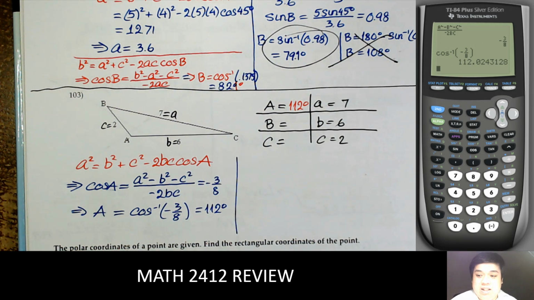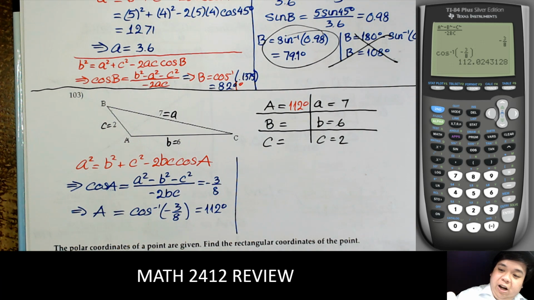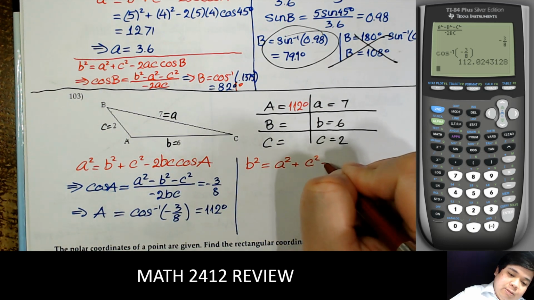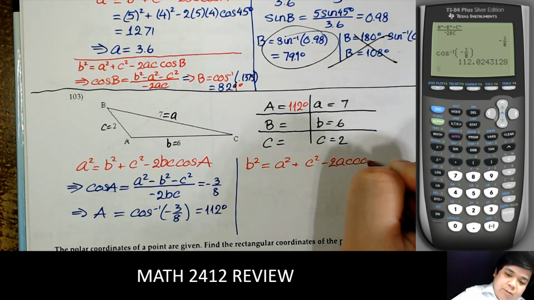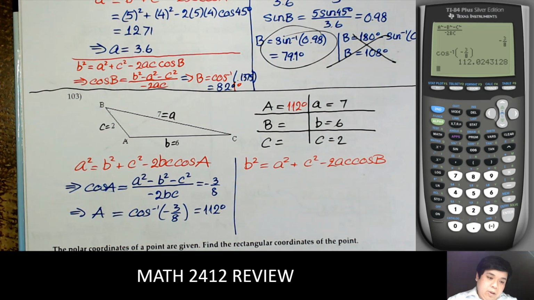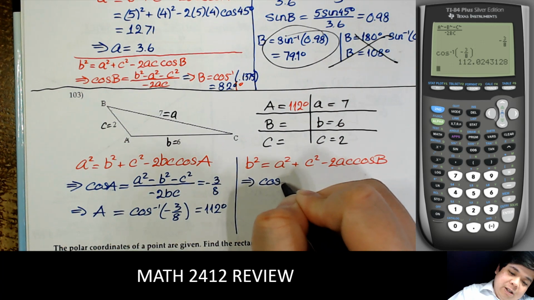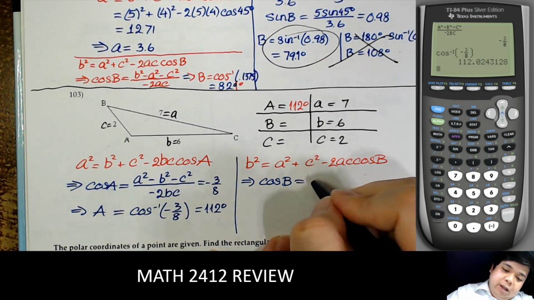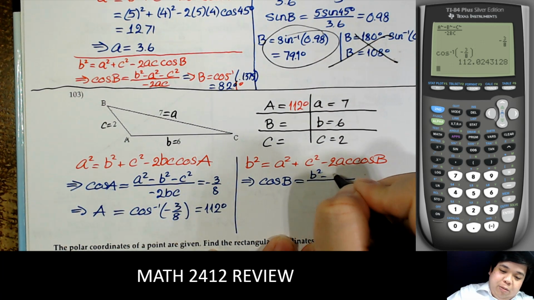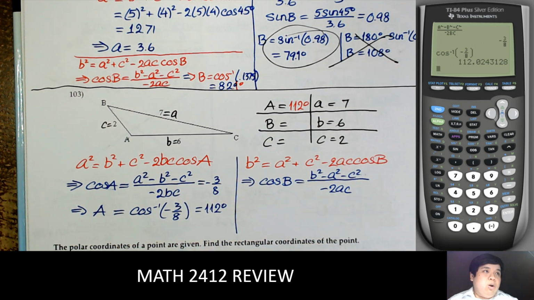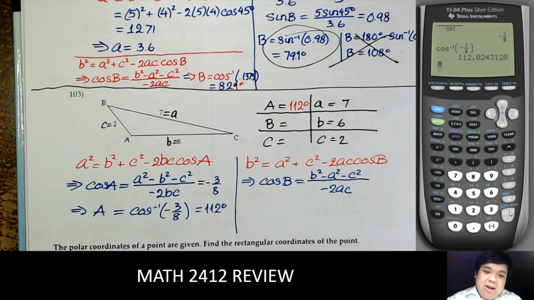Since we stored A, B, and C here, it will be very convenient to solve for the other angle also using the law of cosines. If we want to find cosine of B, it is B squared minus A squared minus C squared over negative 2AC. Since we stored the values, that's very easy.